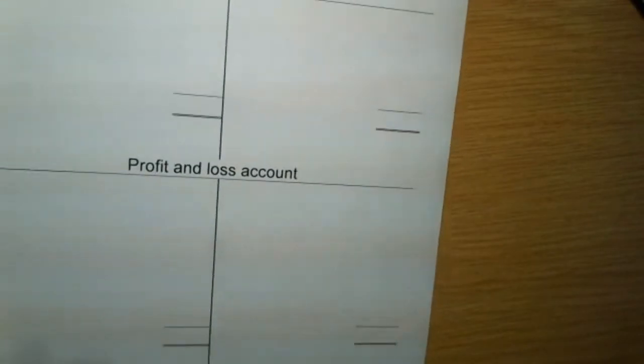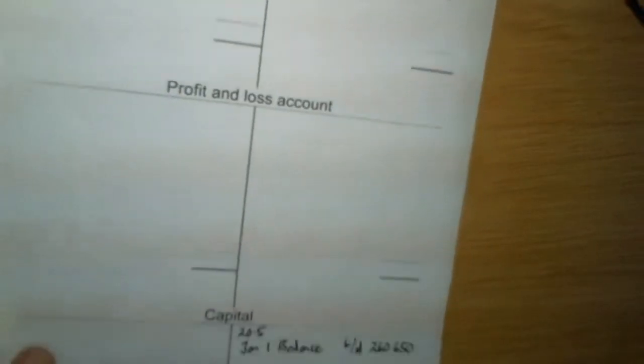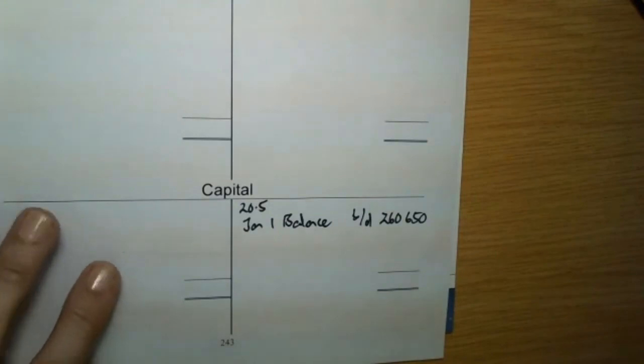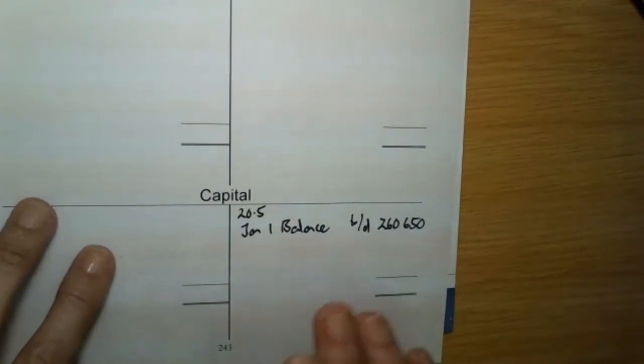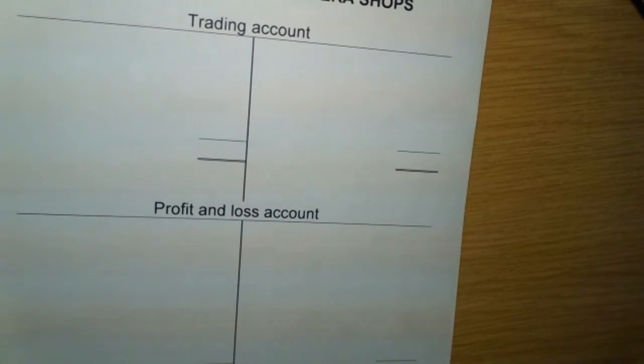Because we are required to do these 3 ledger accounts, the trading account, the profit and loss account, and the capital account. So I'm starting with just putting that balance in because as I do the closing transfers, I'm going to post them to these 3 accounts.